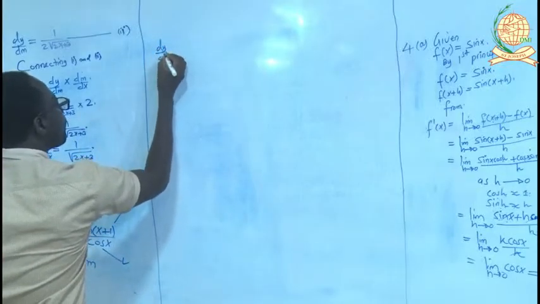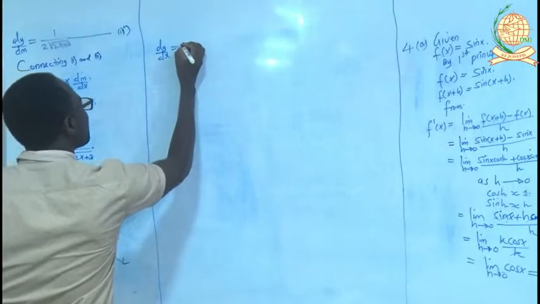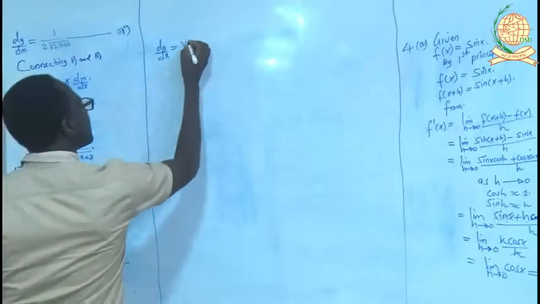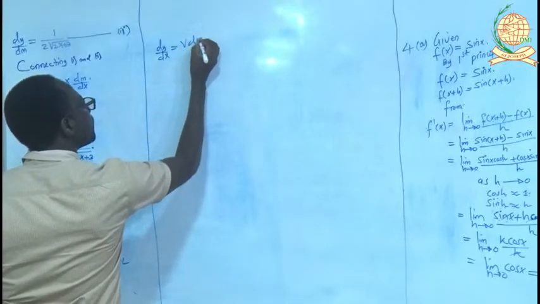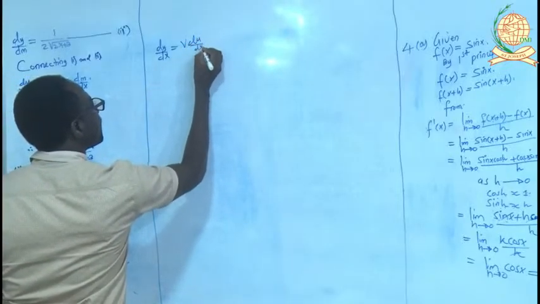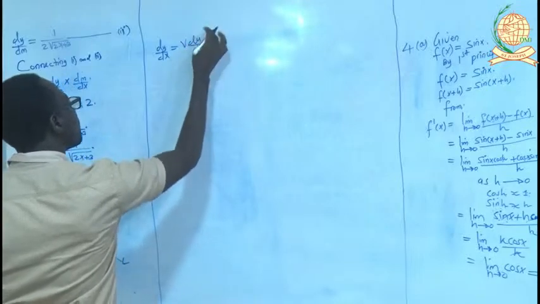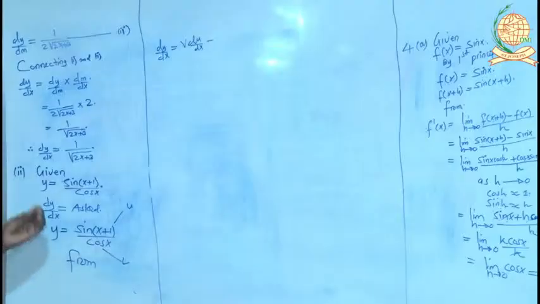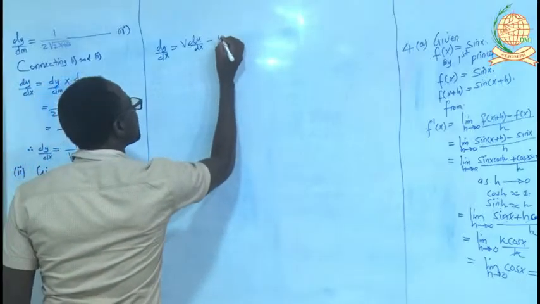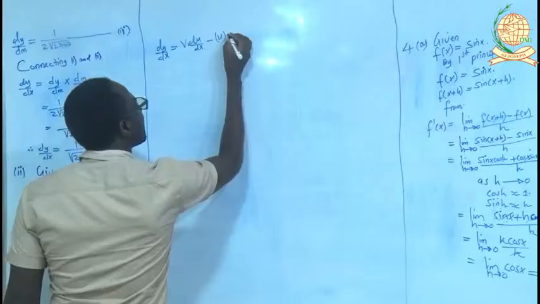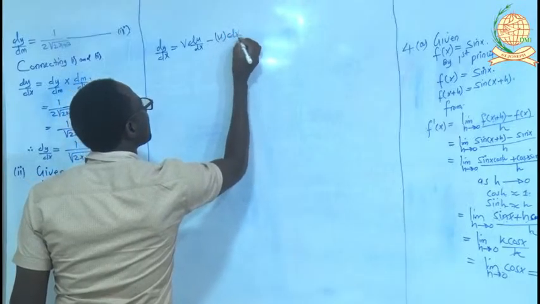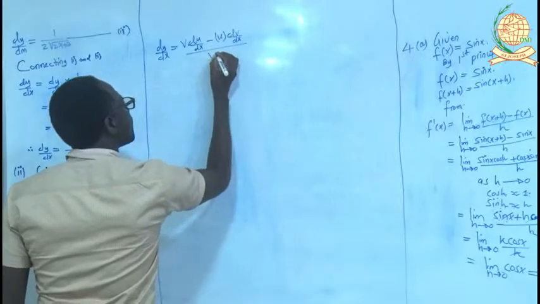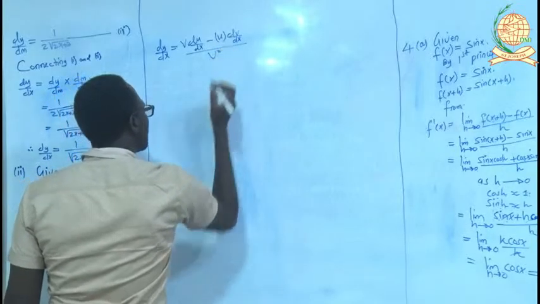dy over dx, this one is given by, you keep constant the denominator v, then times by the derivative of the numerator. So it is v times du over dx, then minus, again you keep constant the numerator, times by the derivative of the denominator, all over denominator squared.